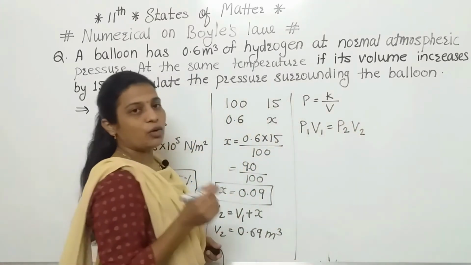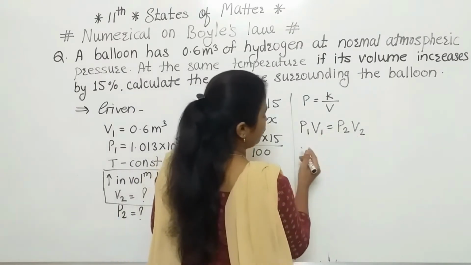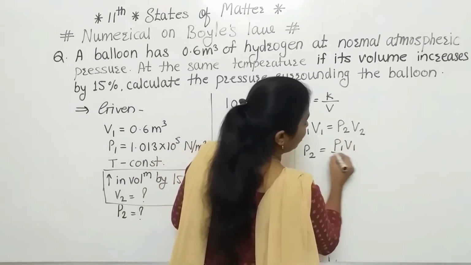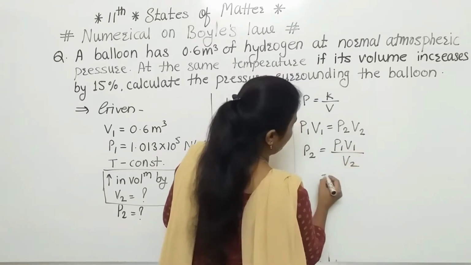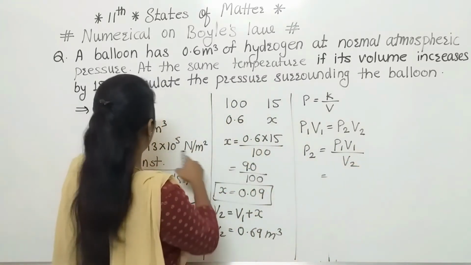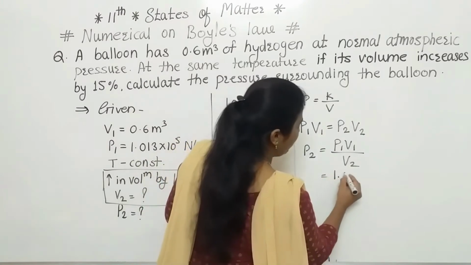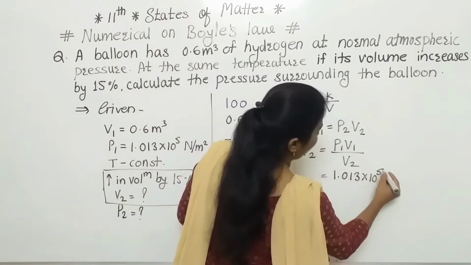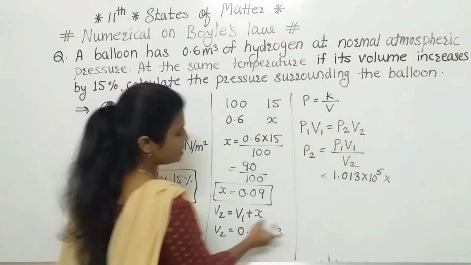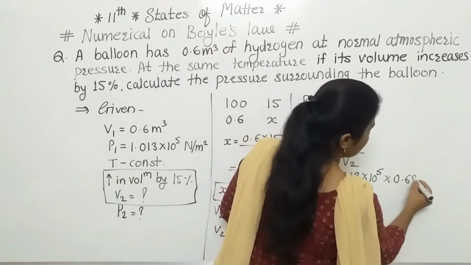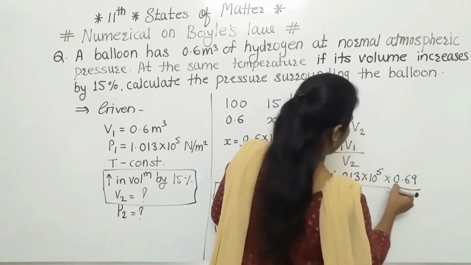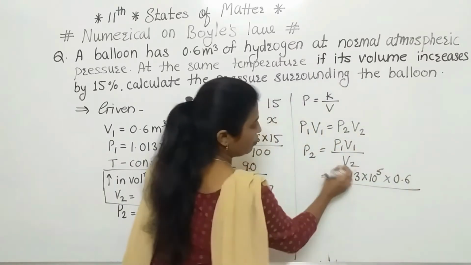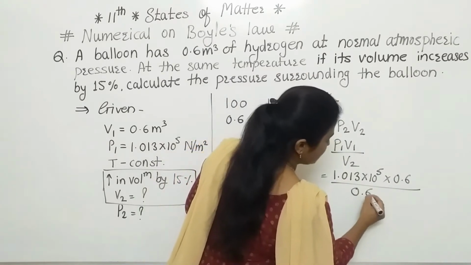Now we want to find out the P2. That's why we can rearrange this formula like that. P2 is equal to P1 into V1 by V2. Now put all these values here. P1 is 1.013 into 10 raised to 5, into V1 is 0.6, divided by V2, which is 0.69.